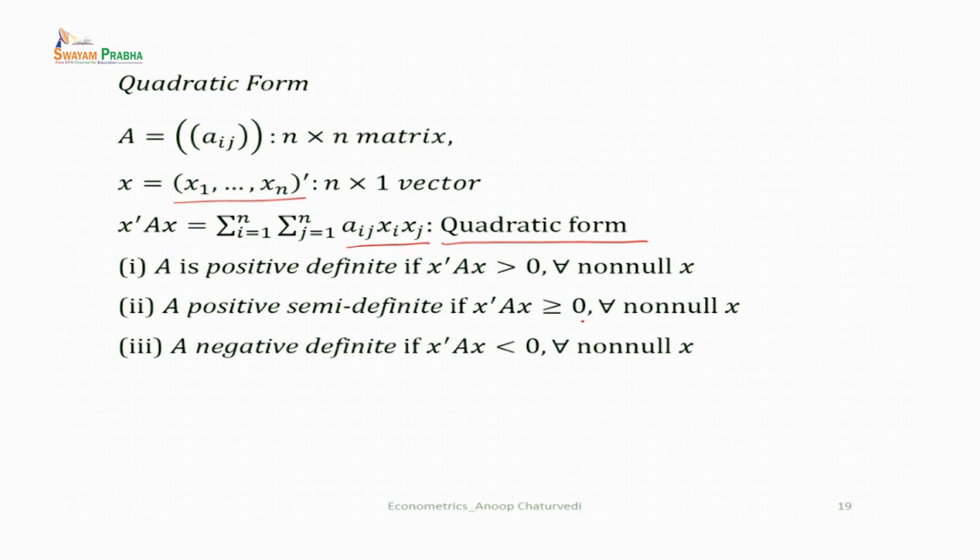If X transpose A x is greater than or equal to 0 for all non-null x, then we say that the matrix A is positive semi-definite. If X transpose A x is less than 0 for all non-null x, then we say that A is negative definite. Similarly, you may define a negative semi-definite matrix.